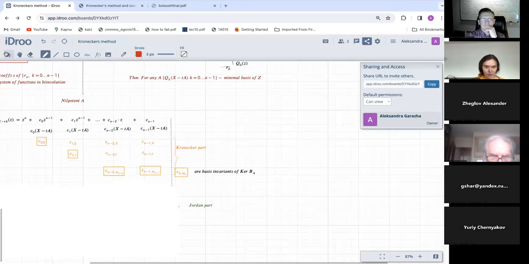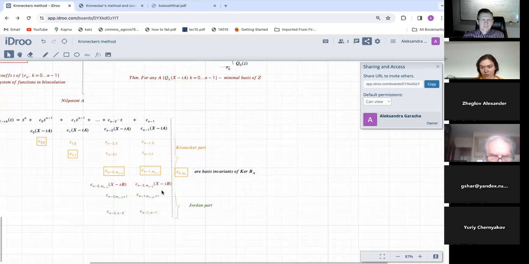Obviously we could just use the argument shift method, because we already know basis invariants, and we just take these basis invariants and shift the argument once again, and when we shifted the argument, we obtained the other elements that will give us a Jordan part.